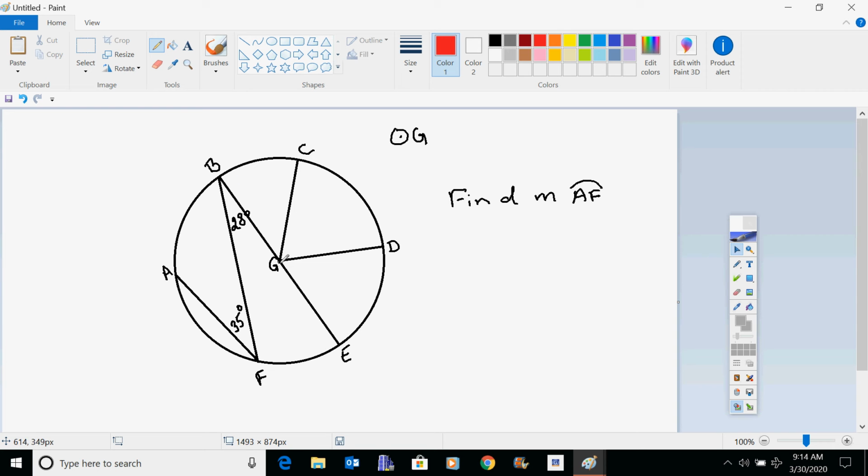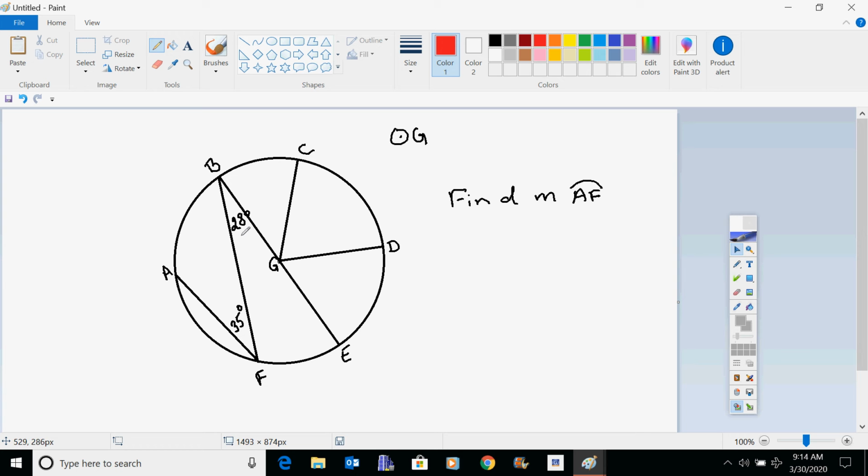Since G is the center, we know that this is 180 degrees. So if we could find how big arc FE is and how big arc AB is, we could very easily find arc AF.